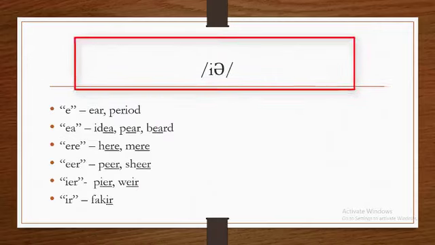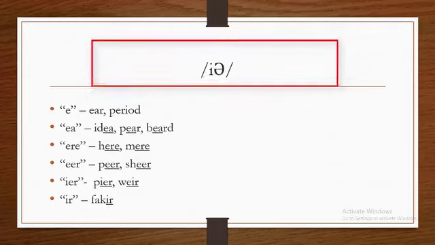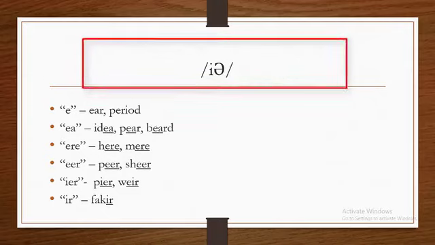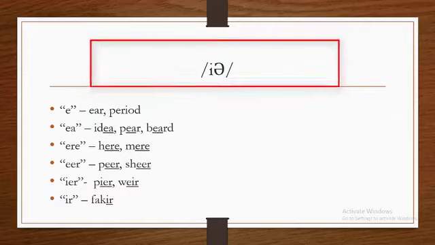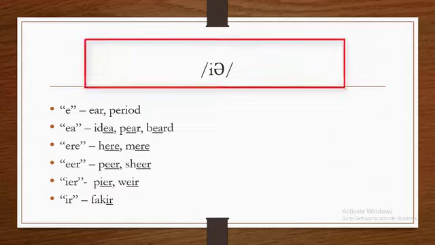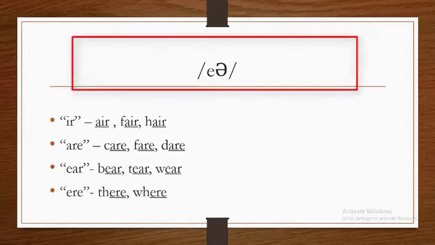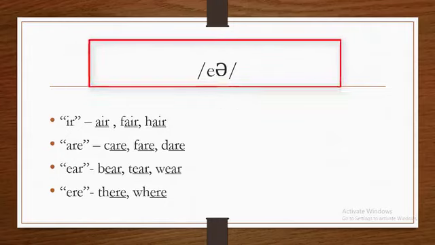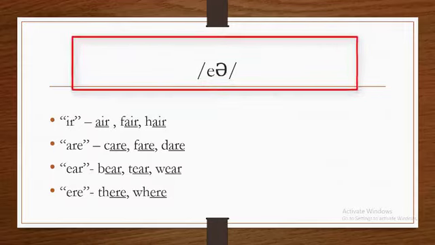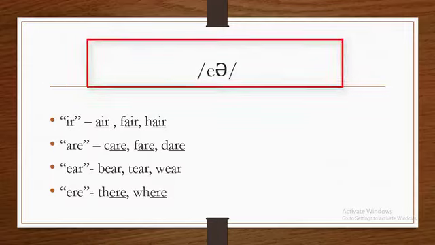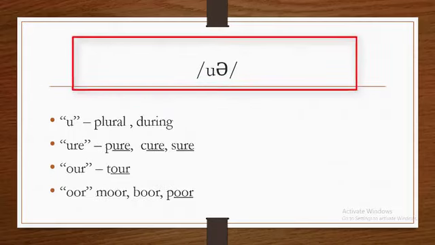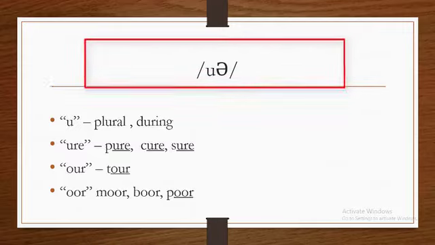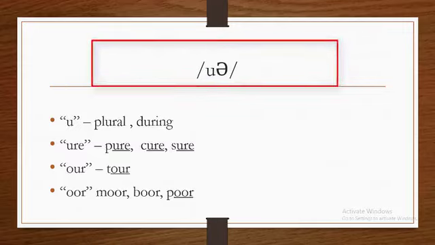Then we have ear: idea, peer, beard, here, year. Then we have air: care, tear, where, there. We have or, like pure, cure, sure.